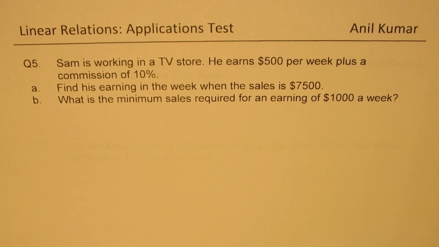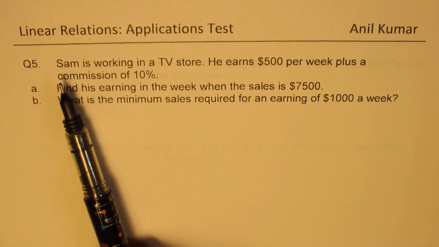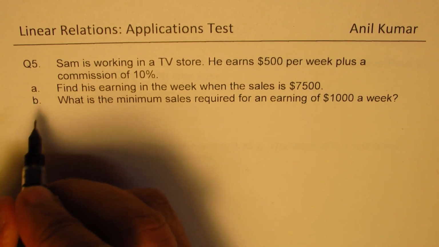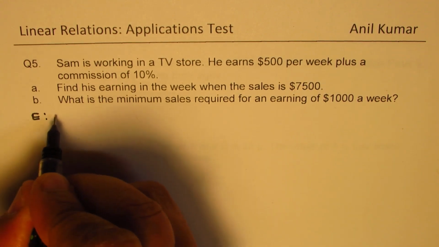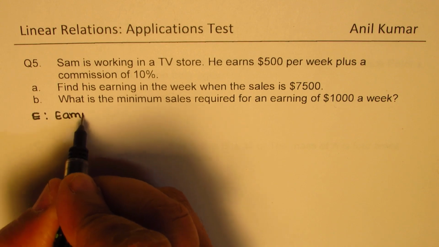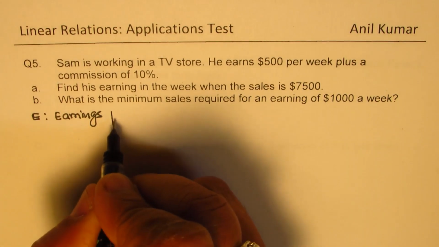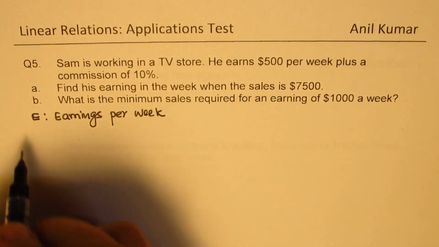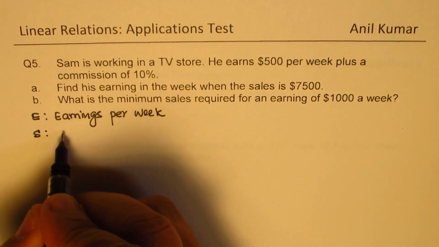So these are two questions related to the given information. Now here there are a couple of variables which we need to define. One is earnings per week. So let's say E is earnings per week. And then we have sales S, right? So sales is in dollars.